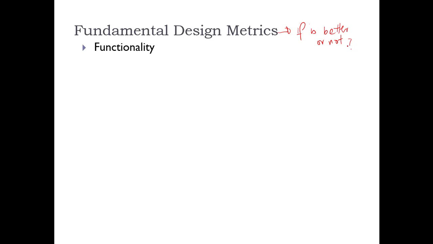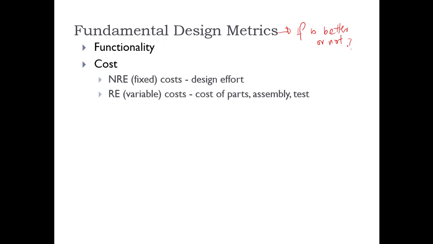So whatever you design, it should be doing what it is intended to do. So the functionality should be correct. Okay, the second design metric is the cost. So whatever you want to design, it should be at a cost that the consumer should be able to buy it.